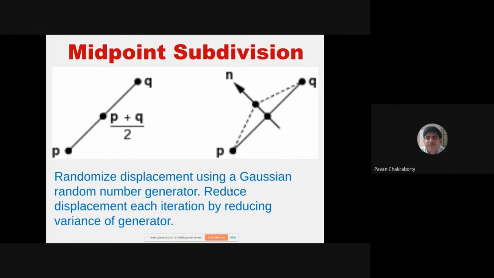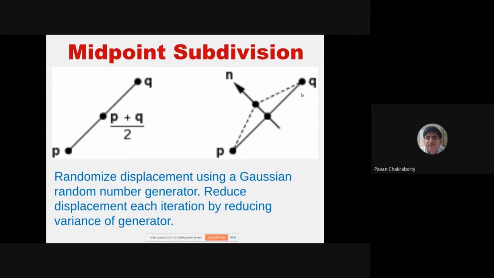Then what you could do is that I could generate a randomized situation. Say for instance, I have got P and Q. I can take the center part of P and Q and jack it up by some random number. Here, in the normal direction, I push this point by some 10% of the length PQ.